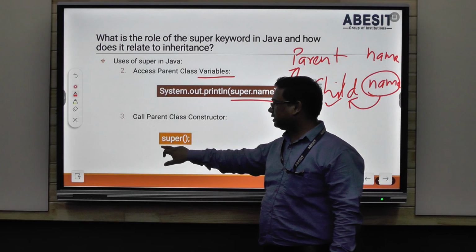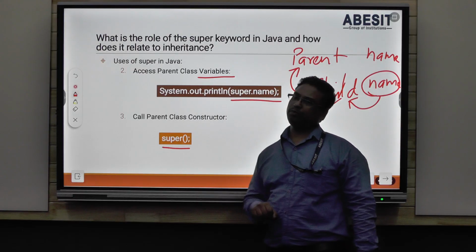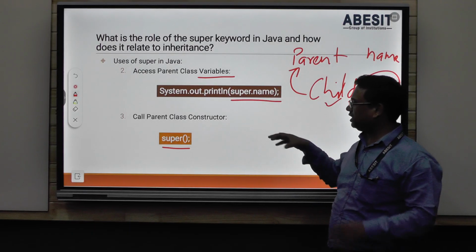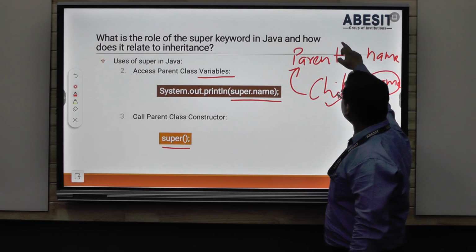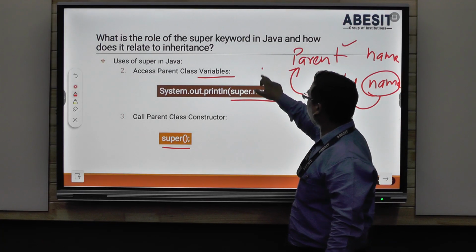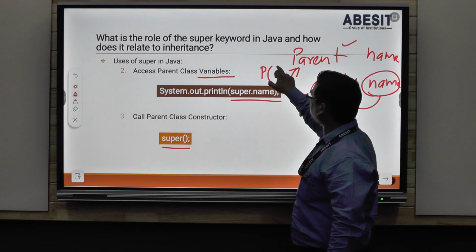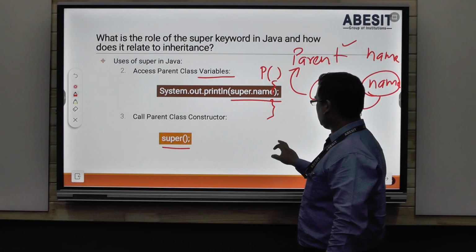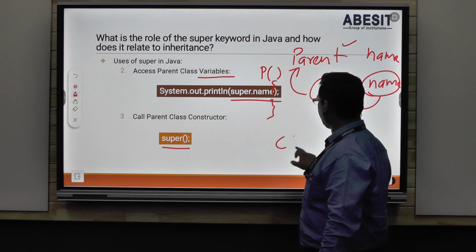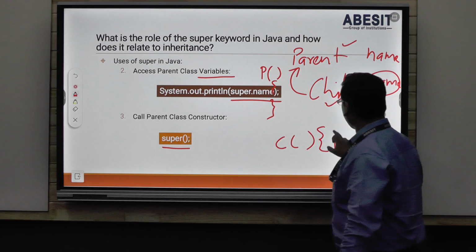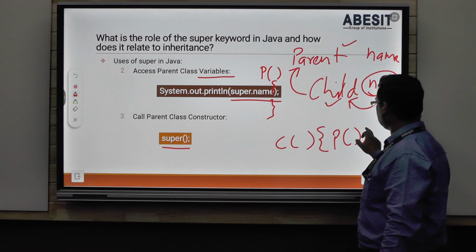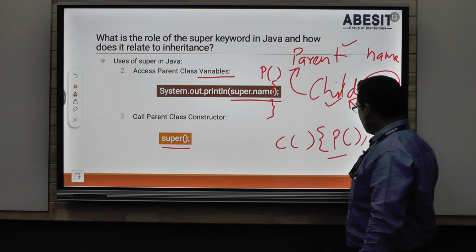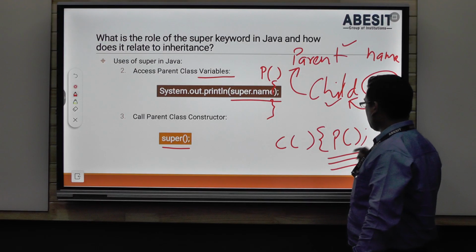A child class can also access the constructor of its parent, or you can say super class. But here is a restriction. If you have defined a parent class P with a constructor, and you want to access it in your child class, you have to write the statement calling the parent class constructor first, and then other statements are written after that.